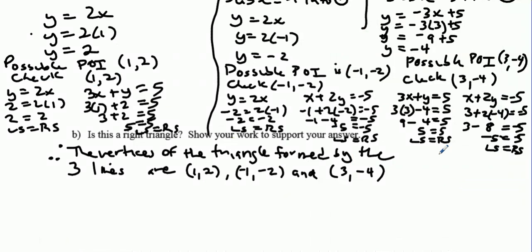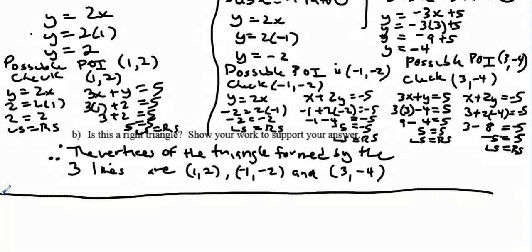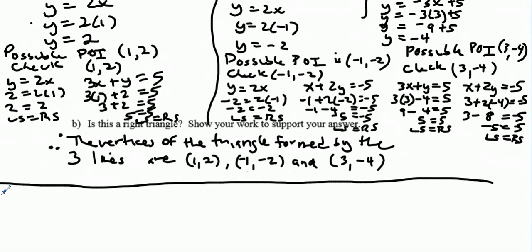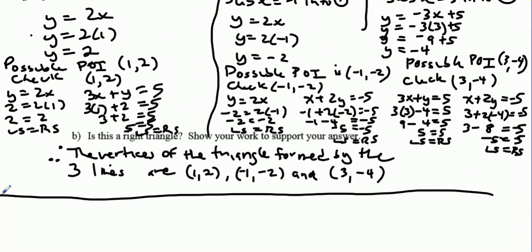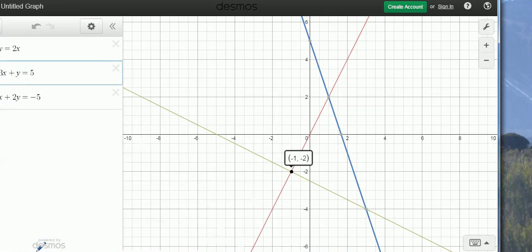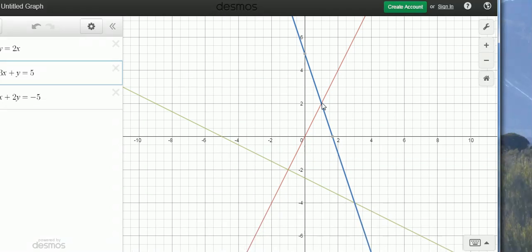So what we're going to do here is we're going to find the slopes of 2 of those lines. Okay? And I think the 2 lines, if we go back again to Desmos, or if we had a sketch, this might have been helpful. This is the point (1, 2). This is the point (-1, -2).